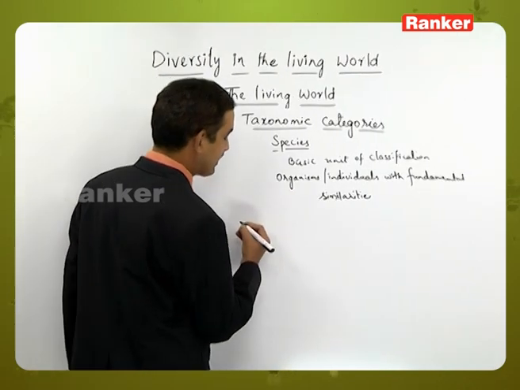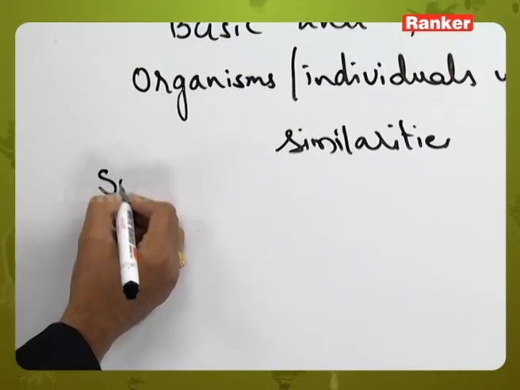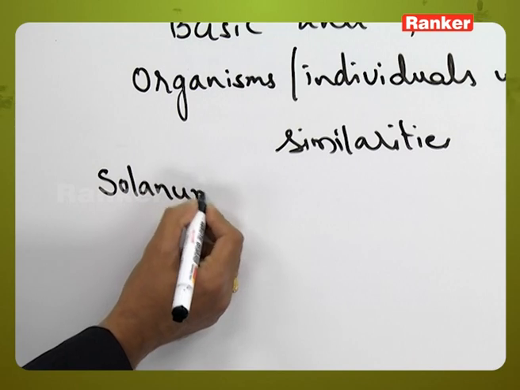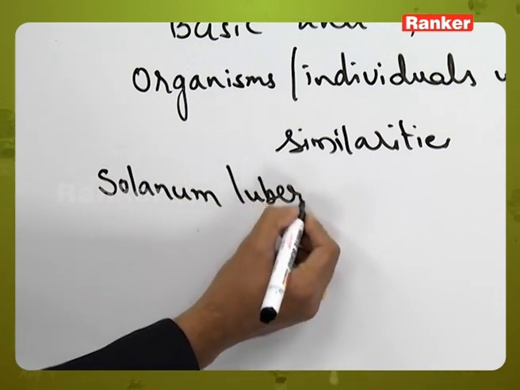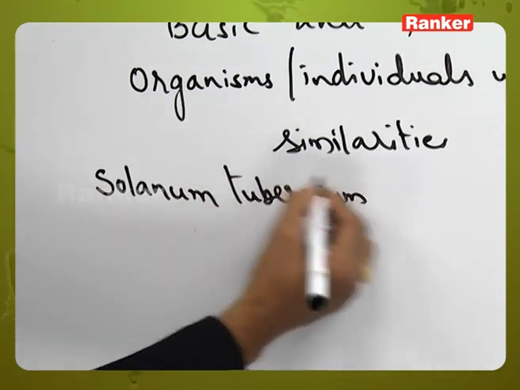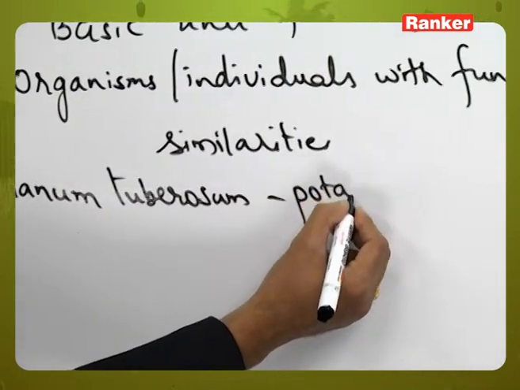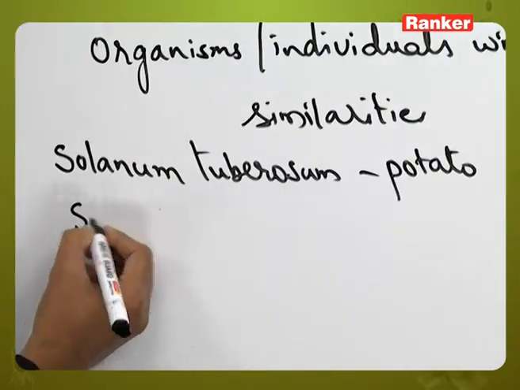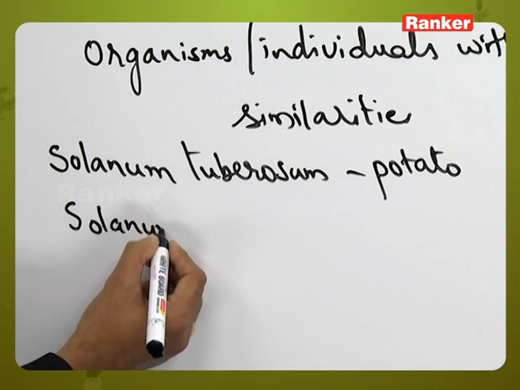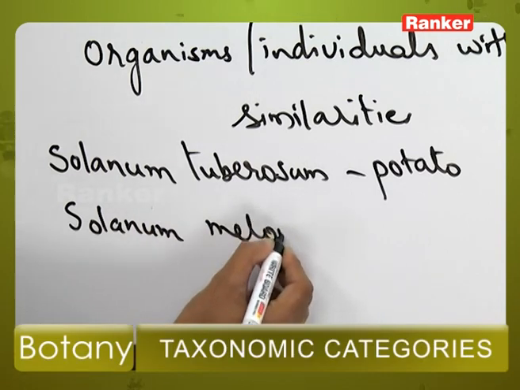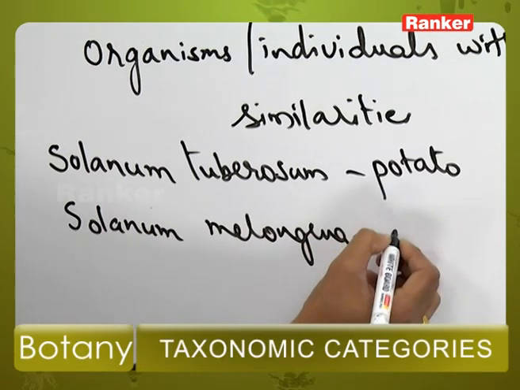Let us take some examples. Solanum tuberosum, that is potato. Solanum melongena, brinjal.